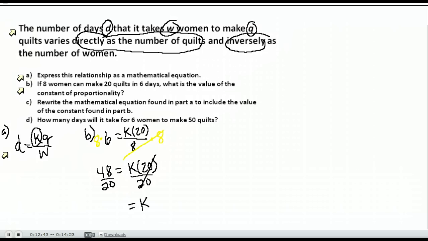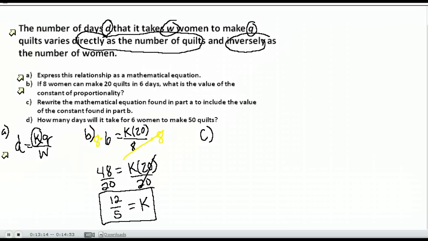Or if you are more comfortable, you can write it as a decimal. So you just go 48 divided by 20, which reduces to 12/5. So our constant that we're using here is 12/5. If you want that as a decimal, it would be 2.4. Either one is just fine.